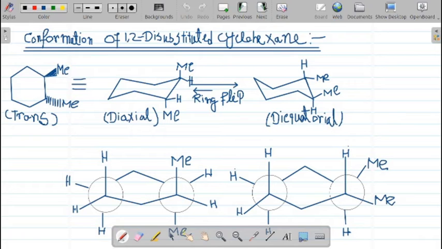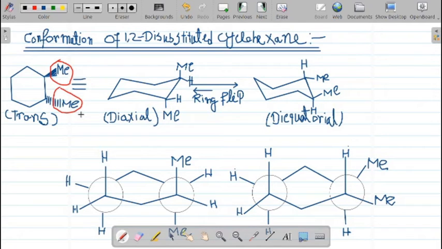In this case you can see that this methyl group is present above the plane, and this methyl group is present below the plane. That is, this is a trans conformation.